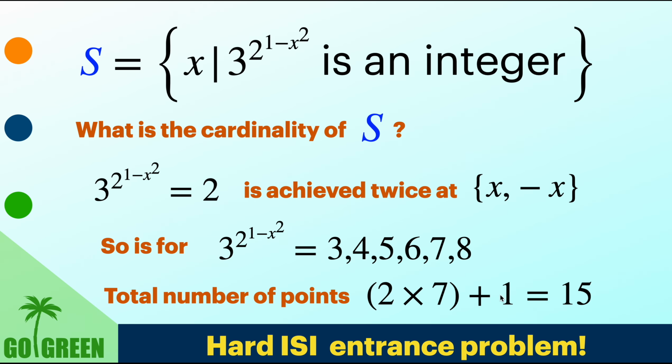Therefore, for 9 we get only 1 x, precisely x equal to 0. So 2 times 7 for all these values, twice for each, plus 1, which is 15. And that is the cardinality of the set S. So there are 15 x values for which this expression takes integer numbers.